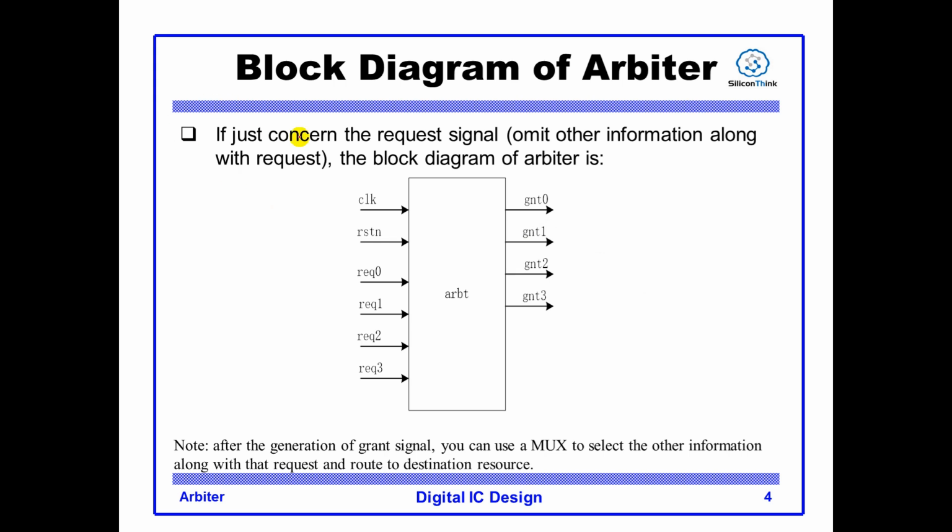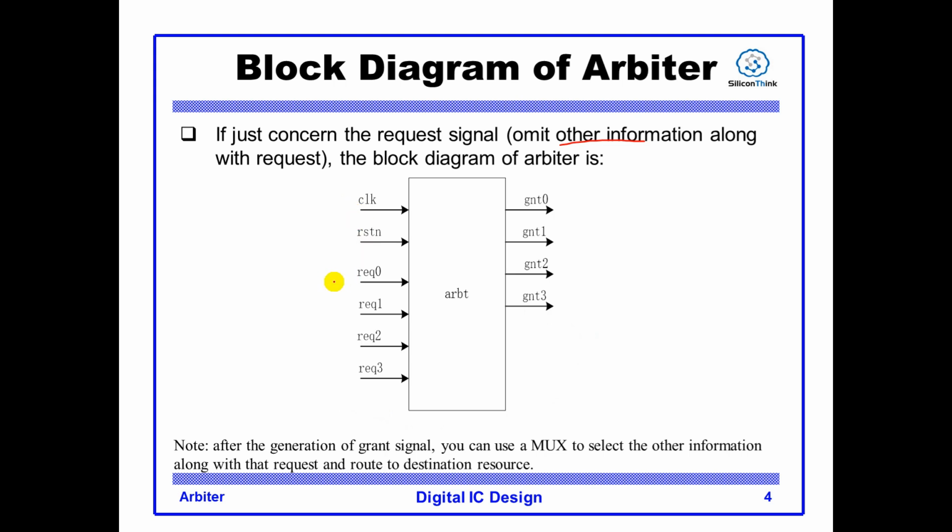If you just consider the request and grant signals, and we omit other information along with the request, for the SRAM access example the other information is the write enable, write address, write data, and something like that. So the block diagram of the arbiter can be simplified to something like that.